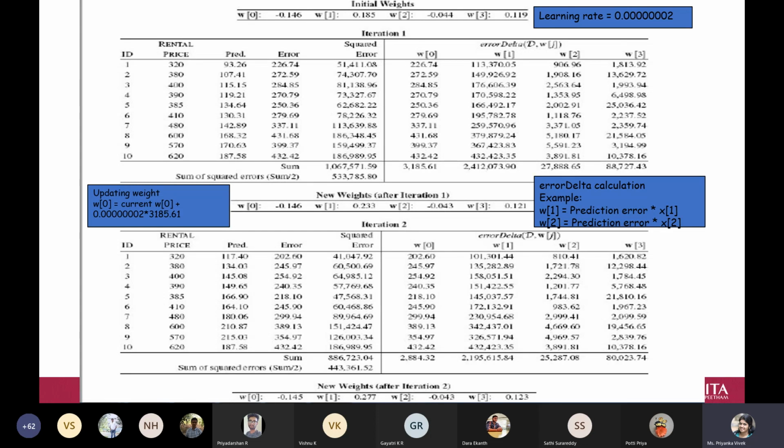What about W3? Did you get it, Priya? I was asked W3, ma'am. I thought it's W2. It's okay. But you understood now how you are calculating. So this is how you are going to update your weights.